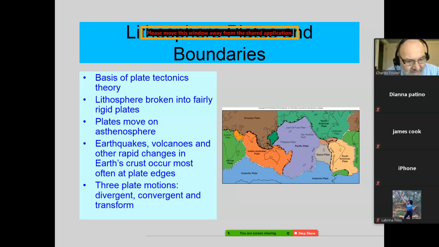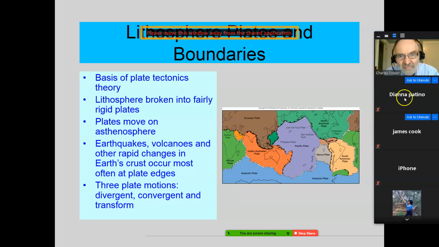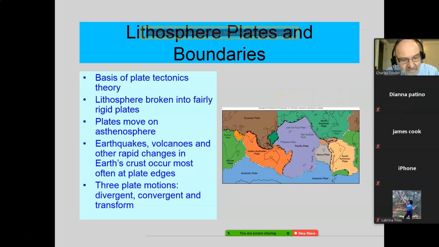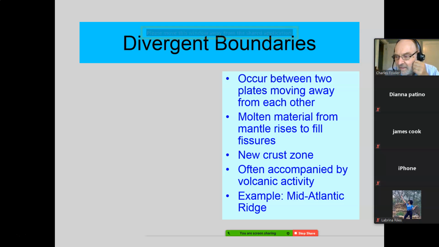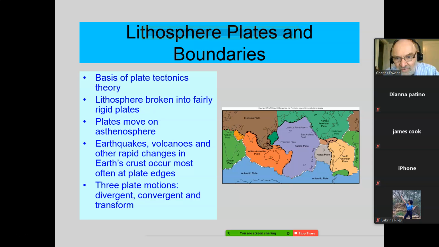All right, let's move on. Let's look at some of the boundaries. Now they mention them back here, three plate motions, which they also call boundaries.